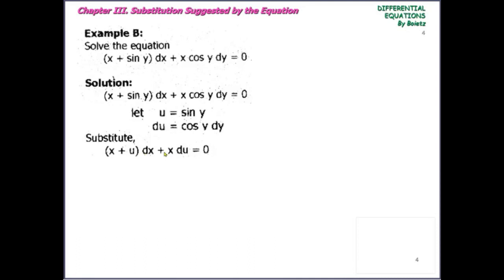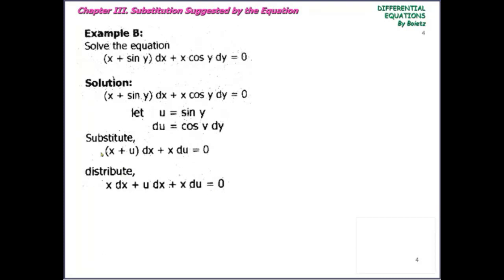Hindi siguro. This one is exact. I think this one is exact. This is also linear. This is linear with respect to u. You can use also exact differential to solve these problems.